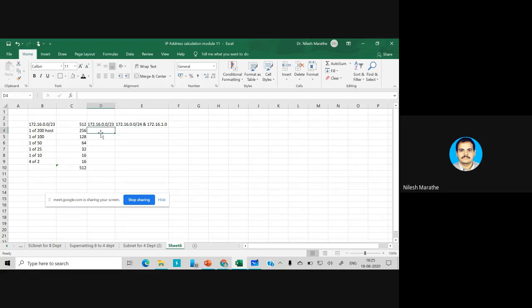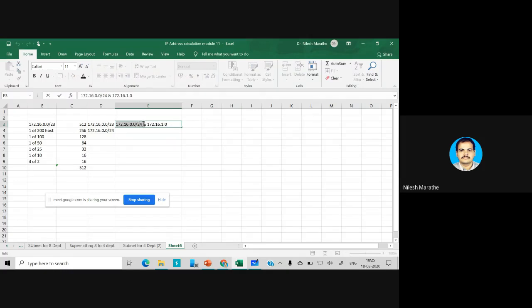Let's suppose we have used 172.16.0.0/24. So what is available for us now?